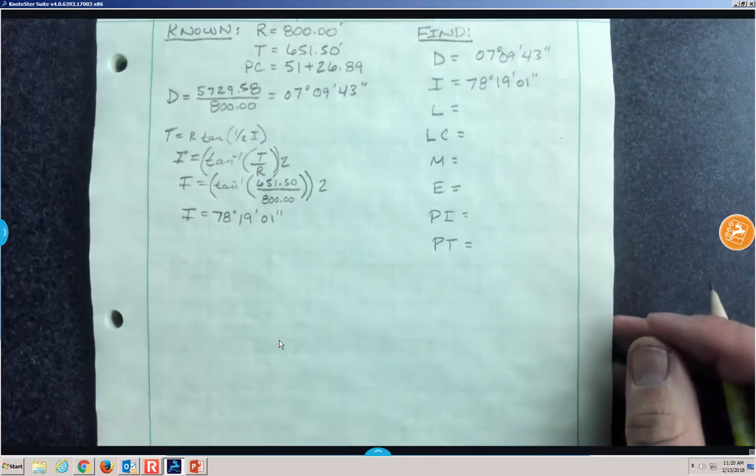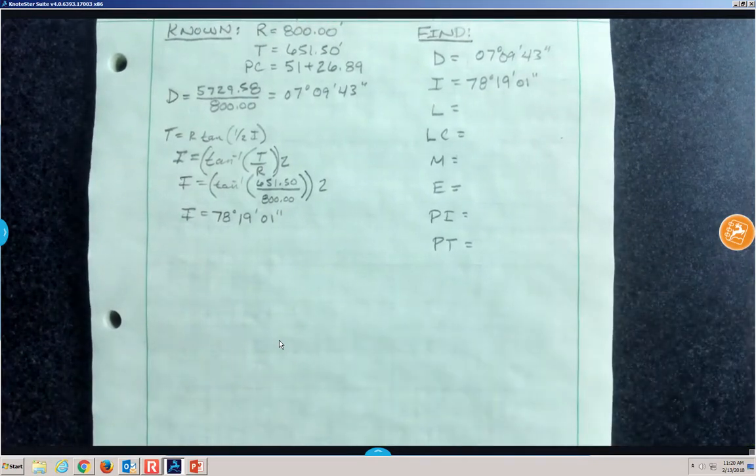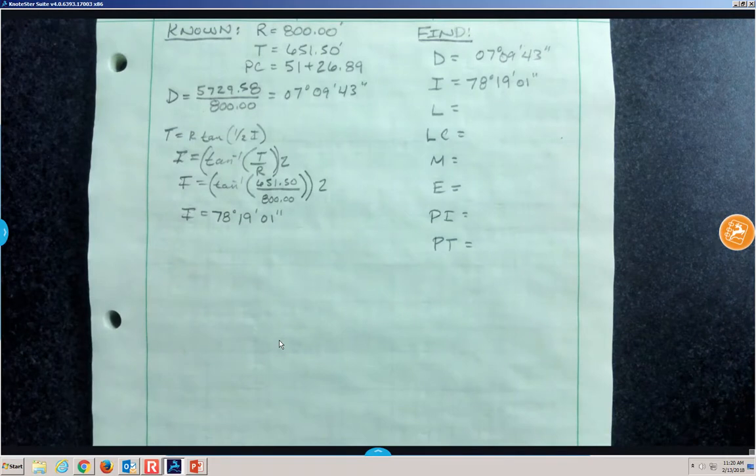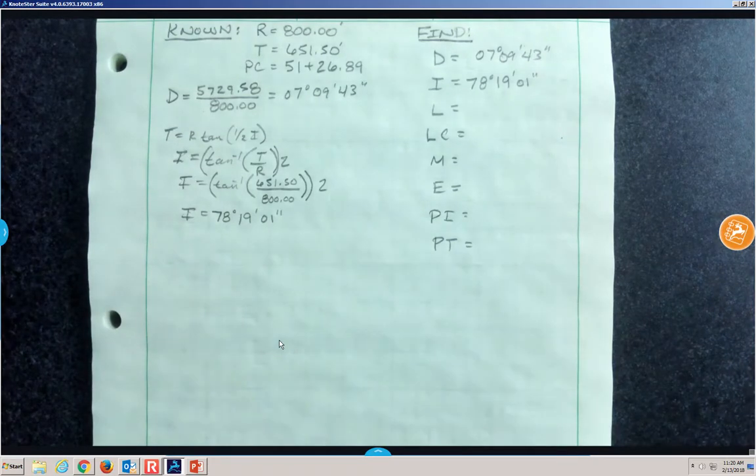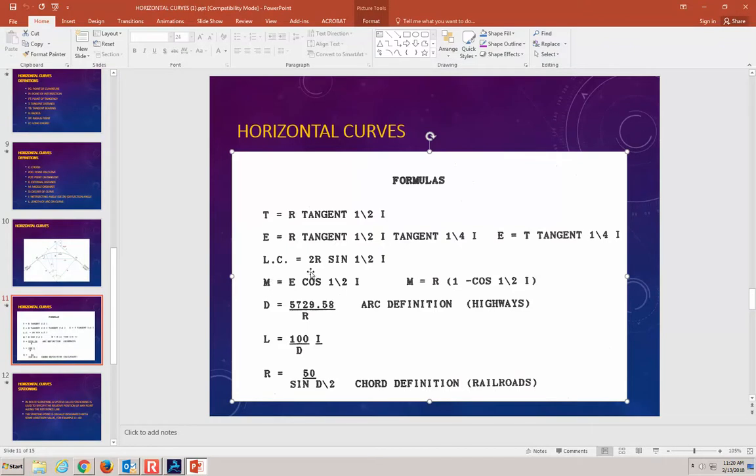Based on your math background, you should be able to do substitution. Okay? All right, so now that we have I, what else can we solve for? Long chord? LC, look at that.